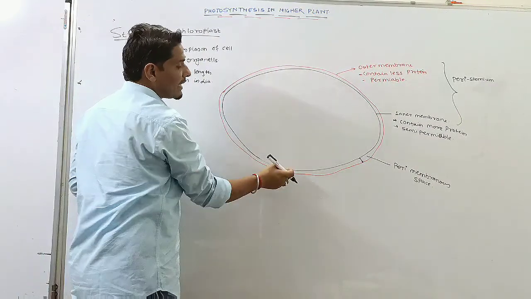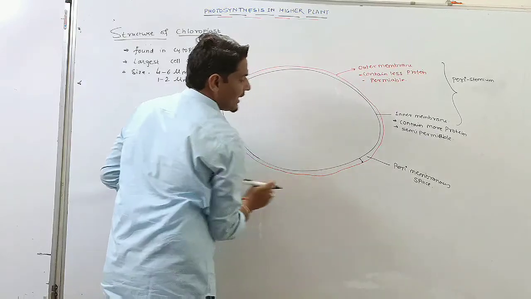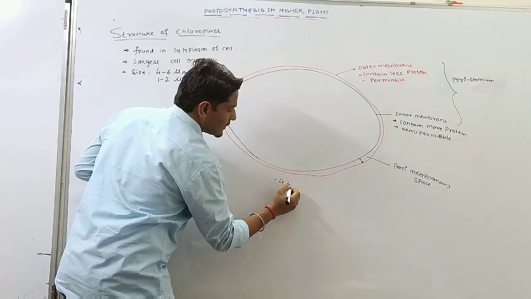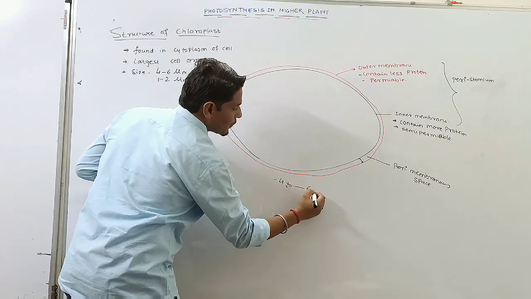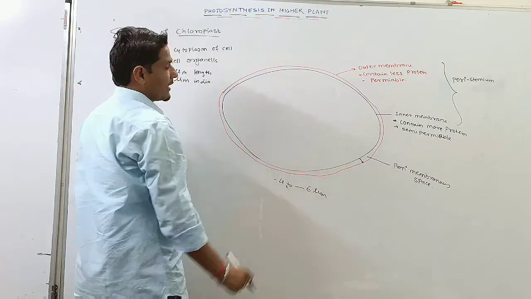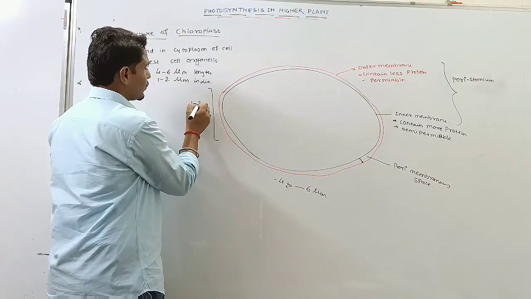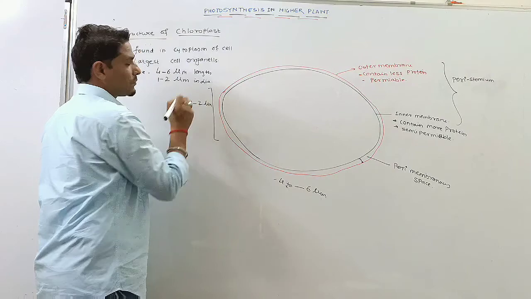So this is the diameter and this is the length. So length कितना होता है? 4 to 6 micrometer in length. But in case of diameter it is 1 to 2 μm.